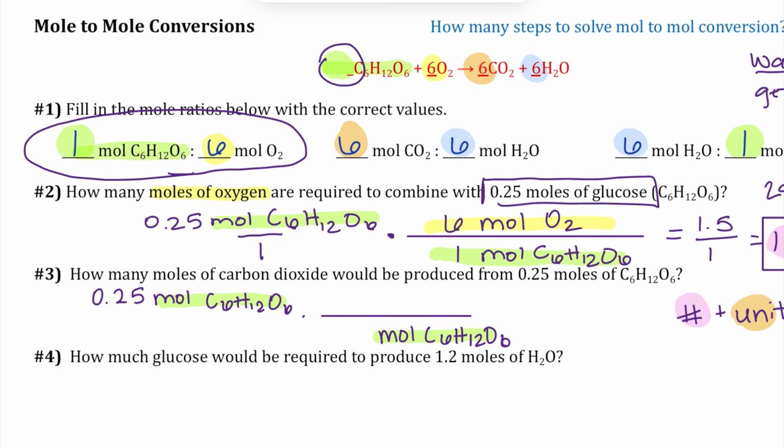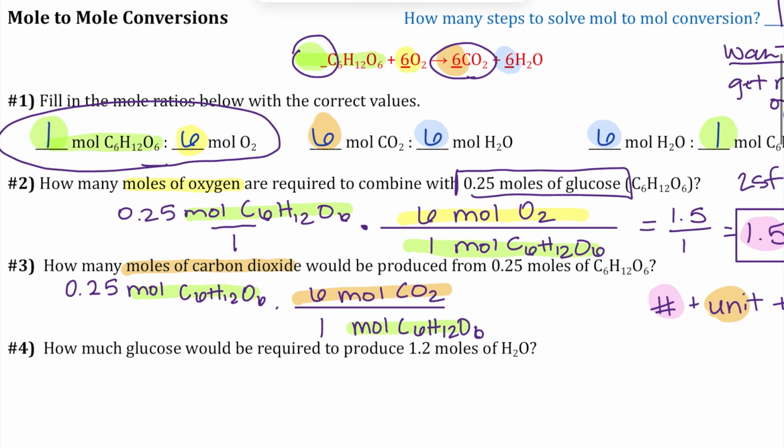We use the 1 from within that reaction. This is looking for how many moles of CO2. So asking for those moles of carbon dioxide, which means that we are going to have 6 moles of CO2 because of that coefficient of 6 in the reaction.